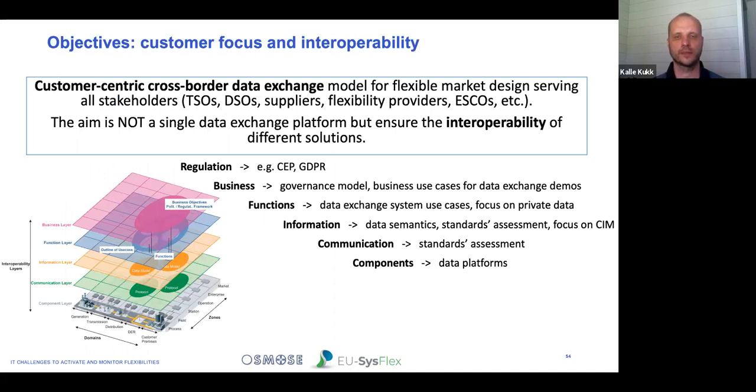So I would start with some keywords like customer focus and interoperability. These are the two main keywords we have built our conceptual data exchange model around. And as such, we say that it is customer-centric, but also cross-border data exchange for flexible market design, serving several stakeholders. So it's a kind of multi-approach.